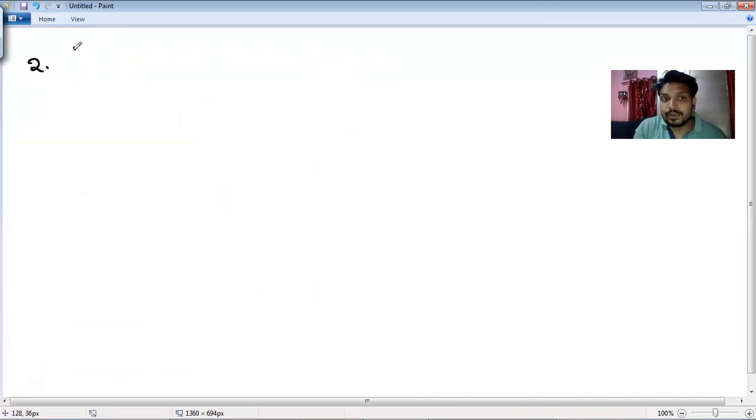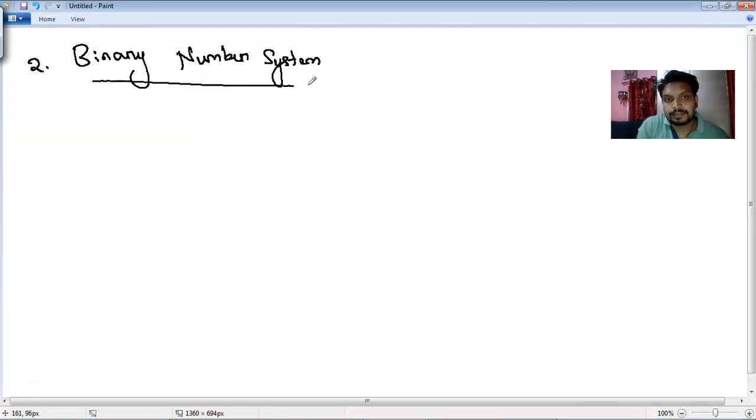The second one is your binary number system. In binary number system, the base is equal to 2. Why?